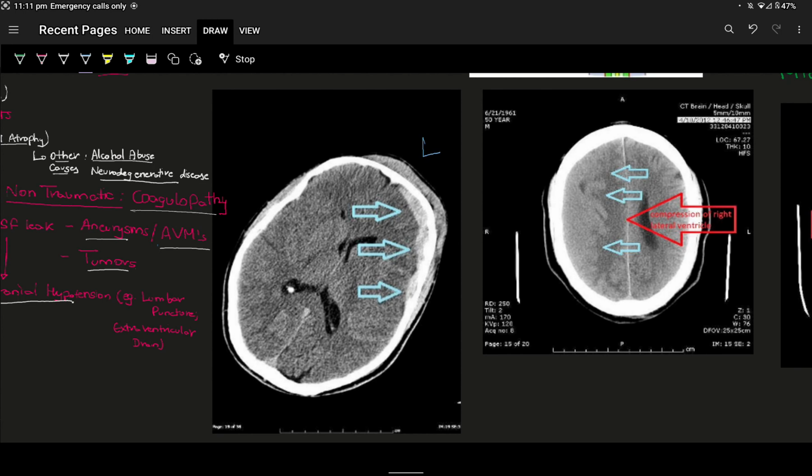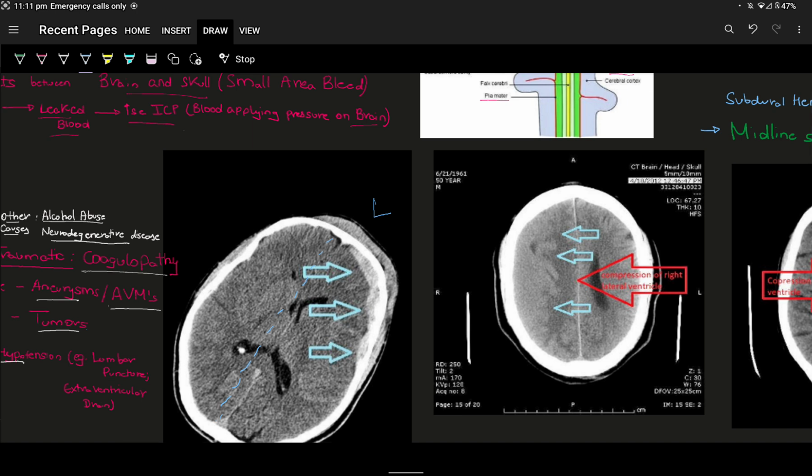We can see the bright collection of blood, and it is leading to the compression of the left lateral ventricle, and it causes the midline shift towards the right side. So this is a feature of subdural hematoma.